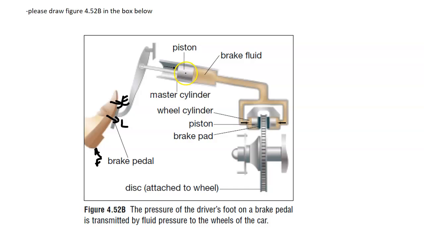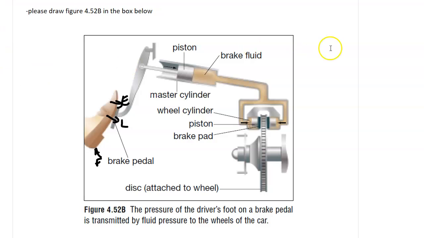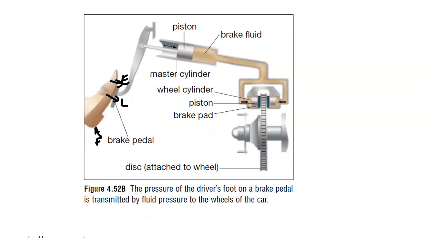It's going to eventually apply all the way to here, applying a force to the brake pad to get the wheel attached. Please draw this diagram out in your book. You can pause the video or go to your textbook if you need to.